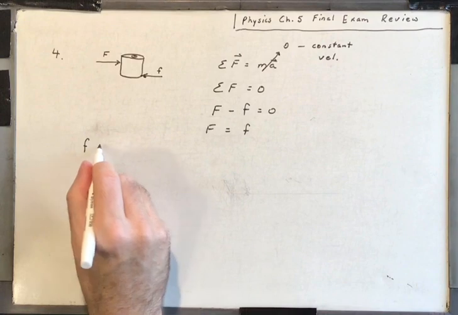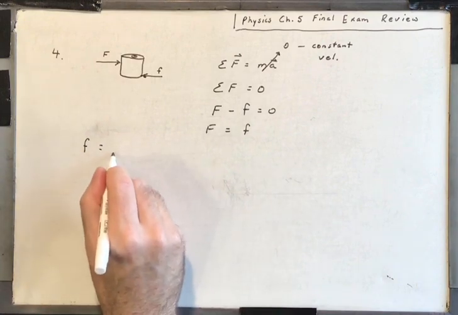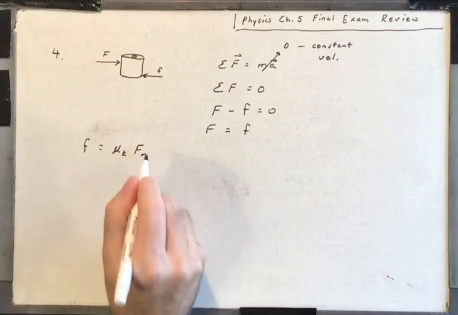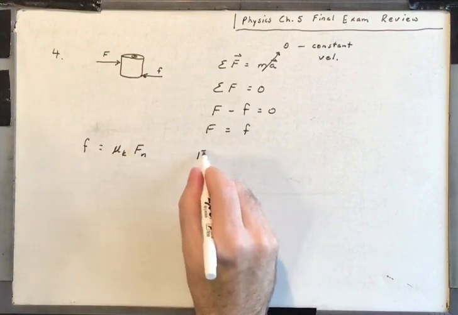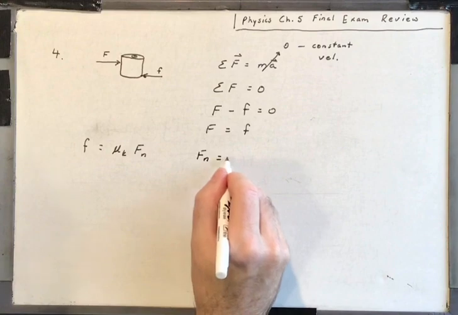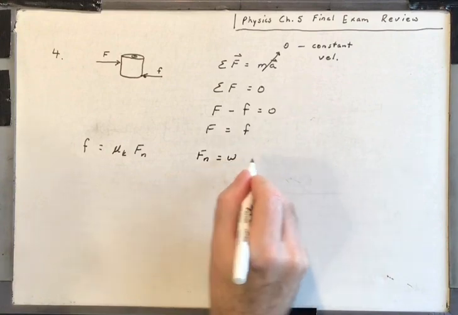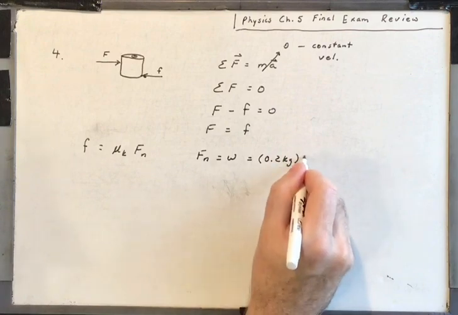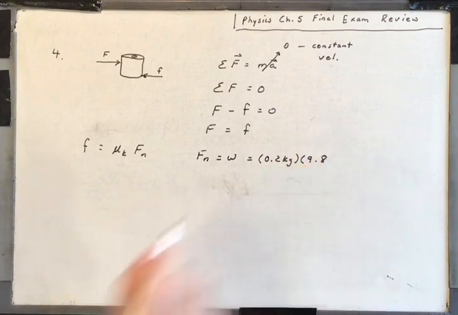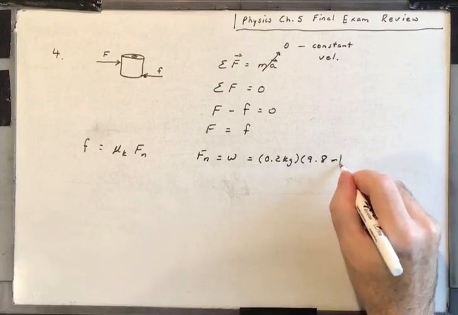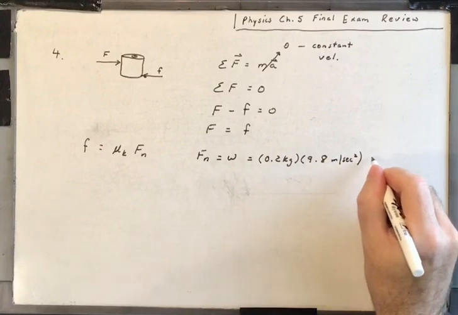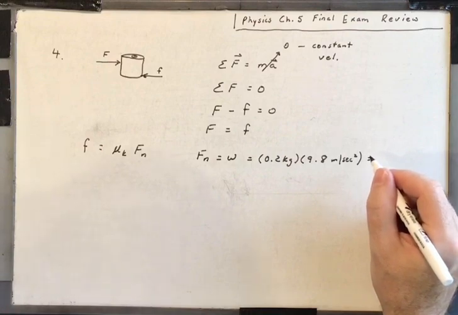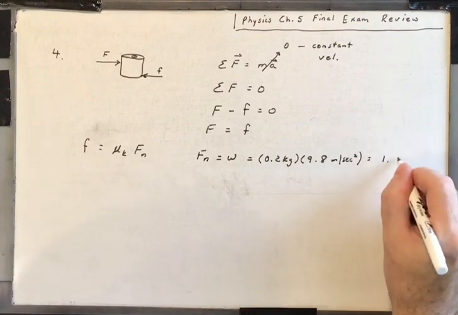So the big force is just going to be friction. We know that friction, for constant velocity, is mu sub k times the normal force. The normal force on a flat surface is just equal to the weight, and that's going to be 0.2 kilograms times 9.8. All right, so that is going to be 1.96 newtons.